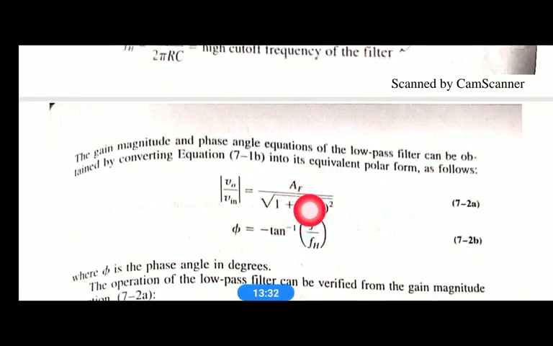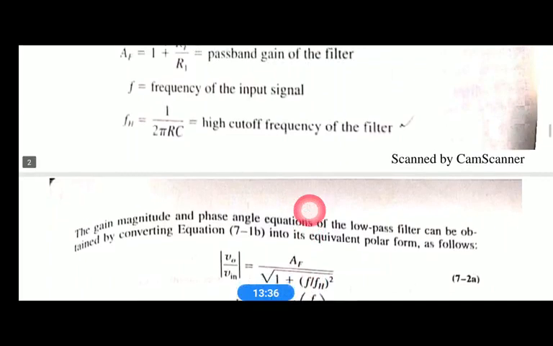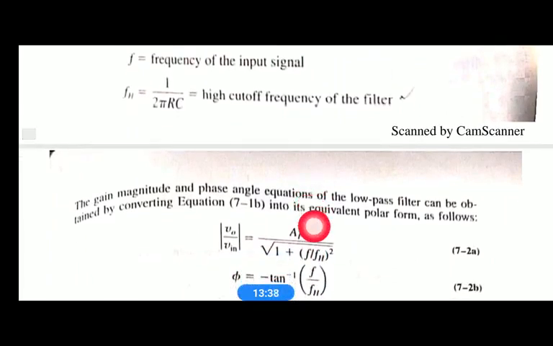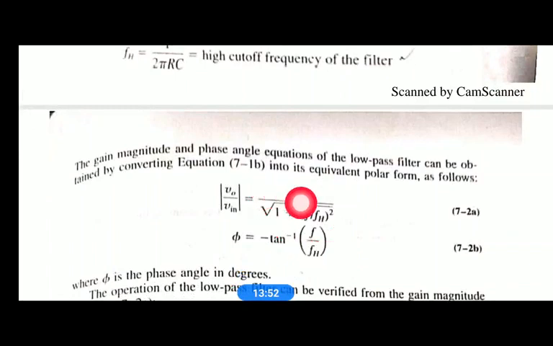Here we take the numerator as a real form, root of square of AF, the root and square get cancelled, so it is AF only. In the denominator, first the real term square plus the imaginary term square, which we take as the magnitude.